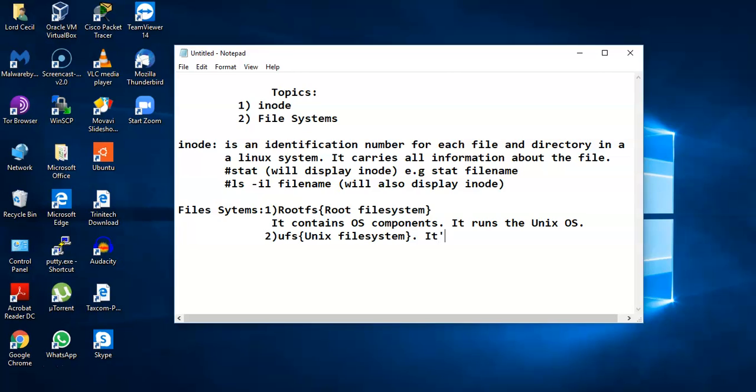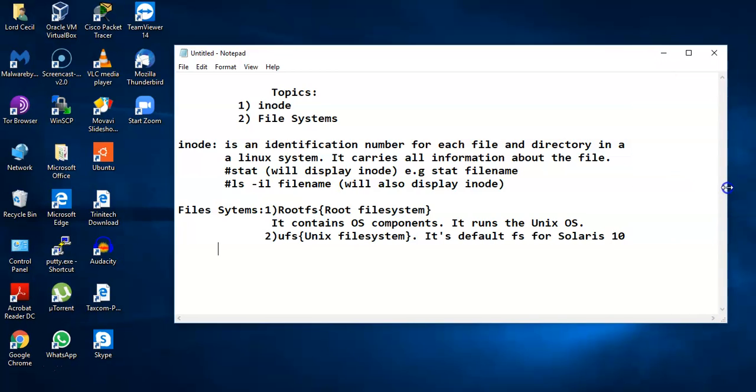It's the default Unix file system for Solaris 10 and older versions of Solaris.